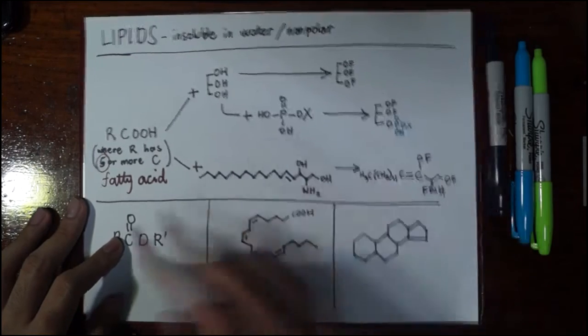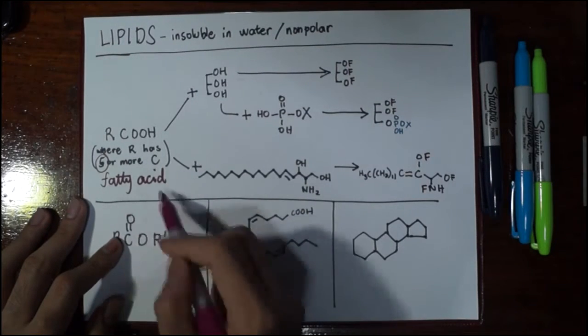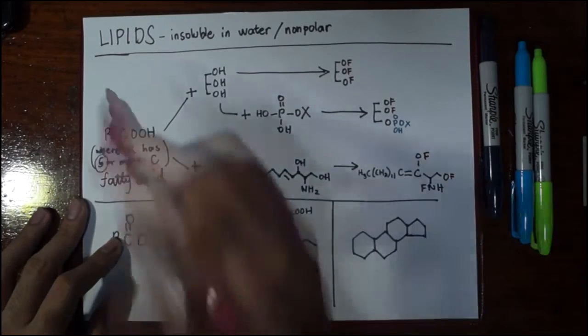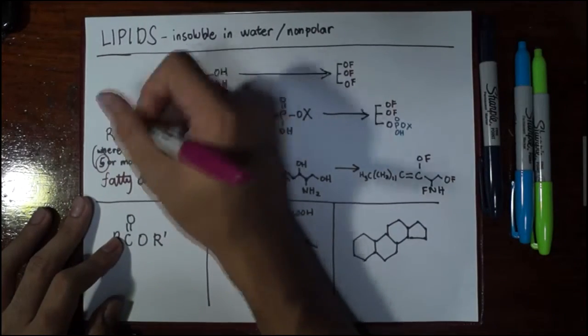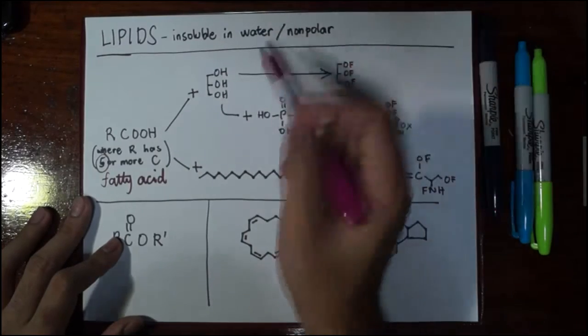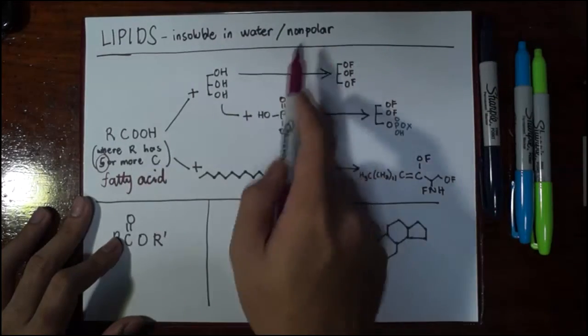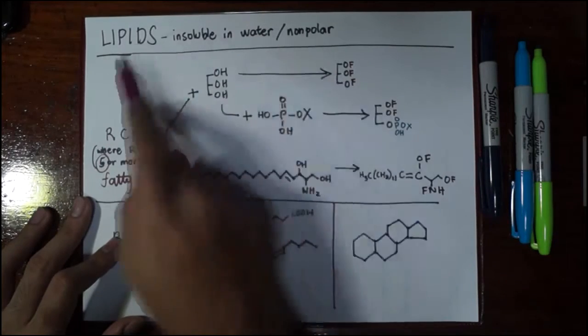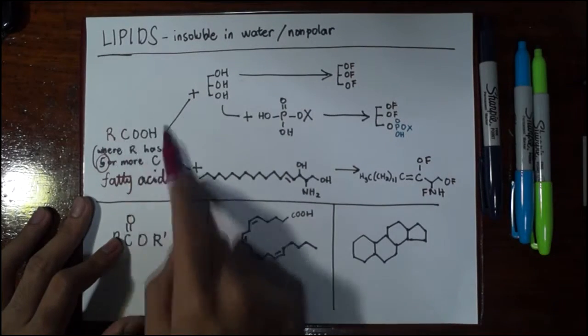And that's why it's called an acid, because it has the carboxylic acid's functional group here. Of course, we know that as the carboxyl group. Now you may be asking, how come the fatty acid structure here is non-polar? We're talking about lipids when you have a polar group here.